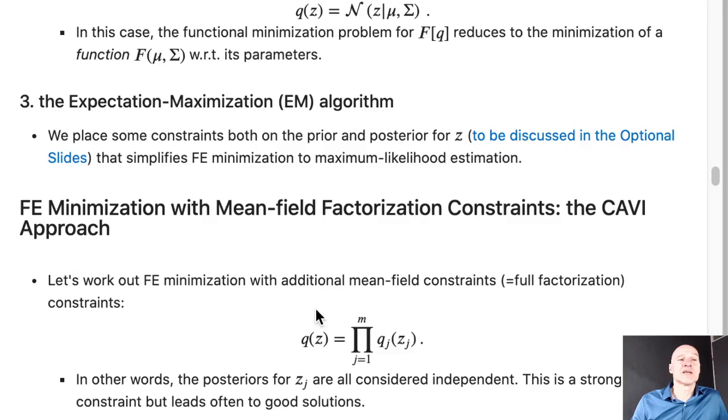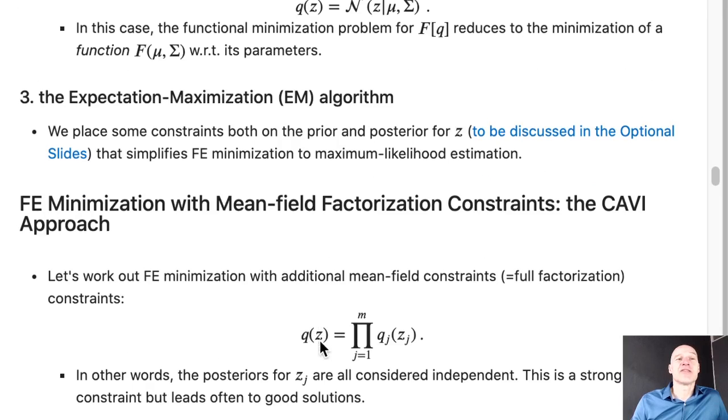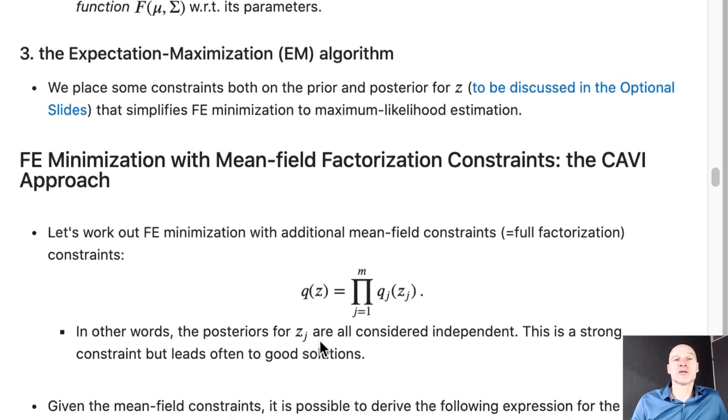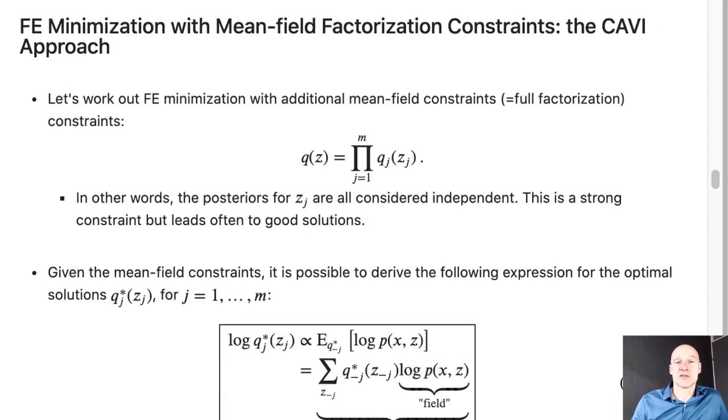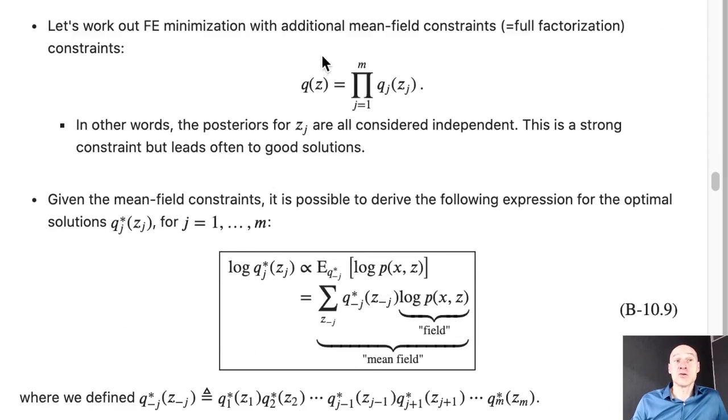If you assume that, then this is worked out in Bishop, equation 10.9, and you can work out the solutions. So the optimal posteriors for these marginals over z_j are a function of, basically, I take the whole generative model or the log thereof, and I take the expectation with respect to all z's except for j.